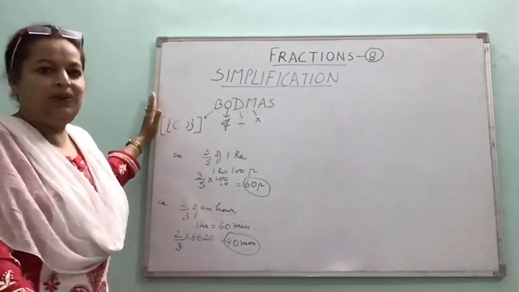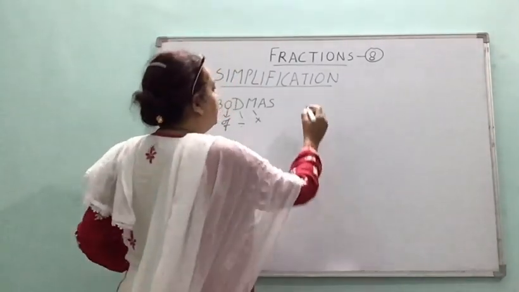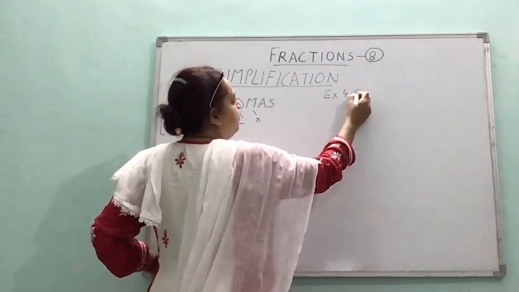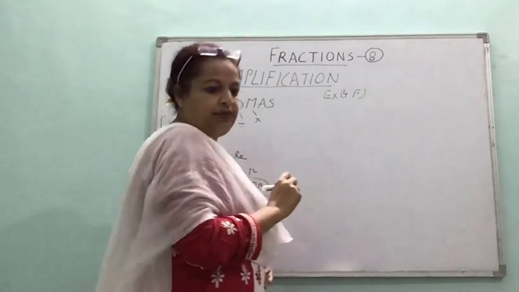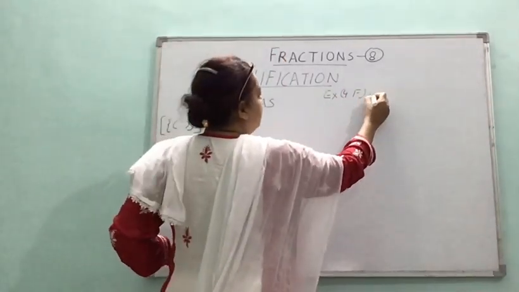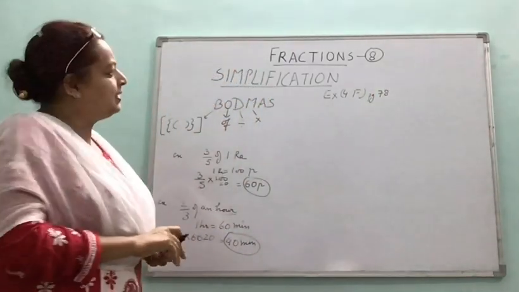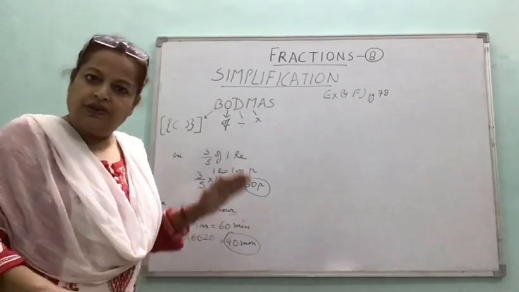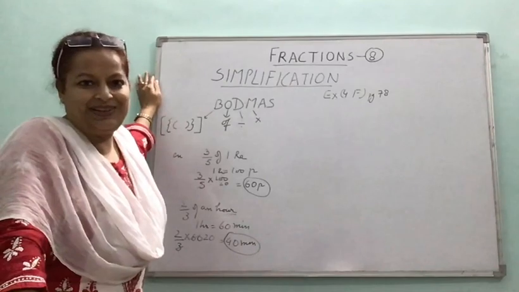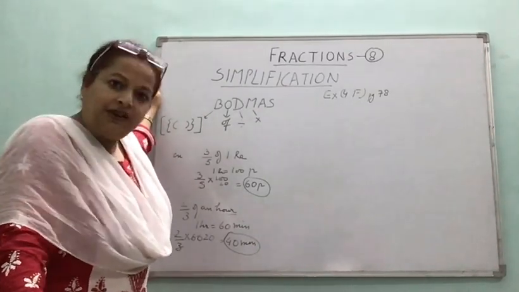So today we'll be doing questions of the next exercise, which is exercise 4F, page number 78. In this exercise also, whichever question I am doing on the board, you should write in your classroom register, and otherwise do even parts.